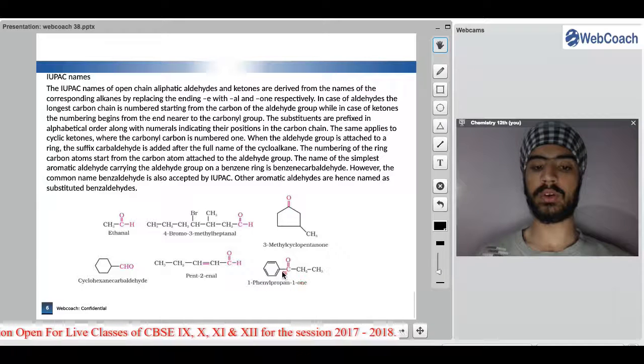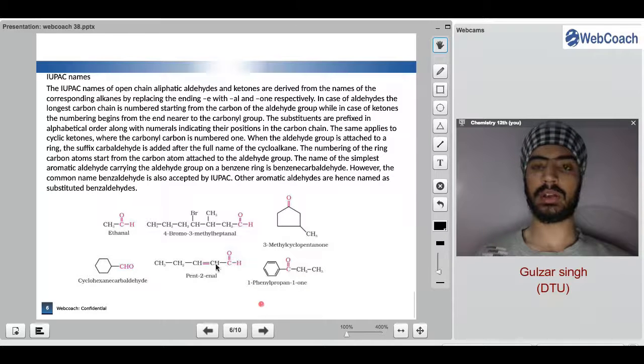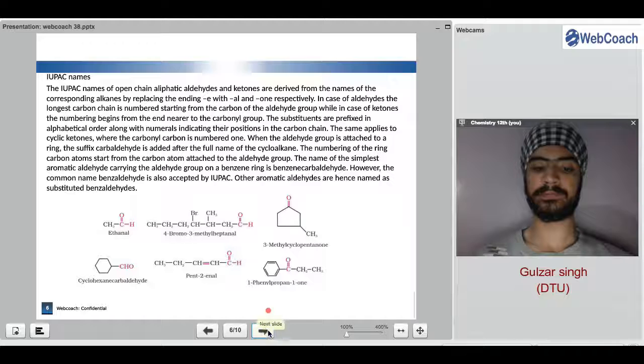The next is 1-phenylpropan-1-one, because 1-phenyl and propanone. So this is 1-phenylpropanone, and this is the IUPAC nomenclature of aldehydes and ketones.